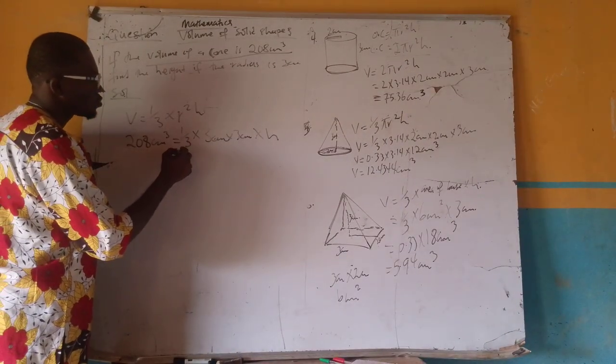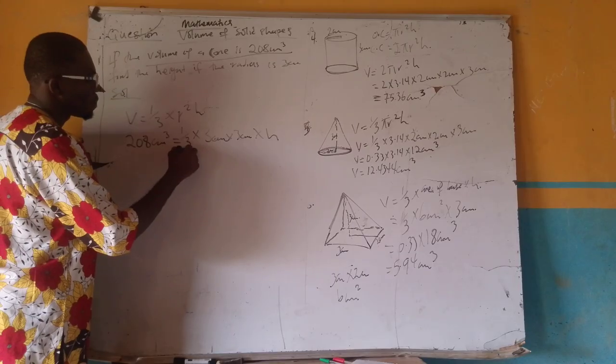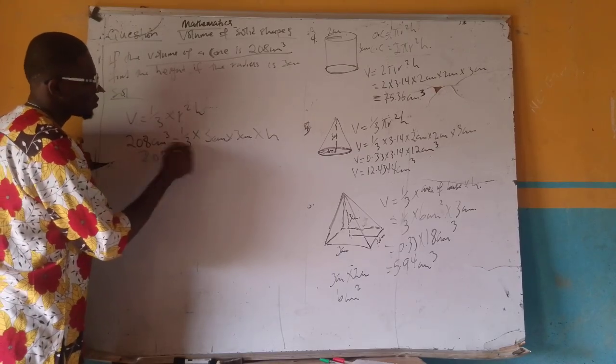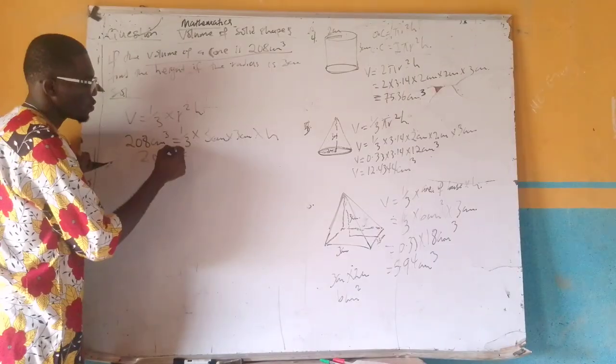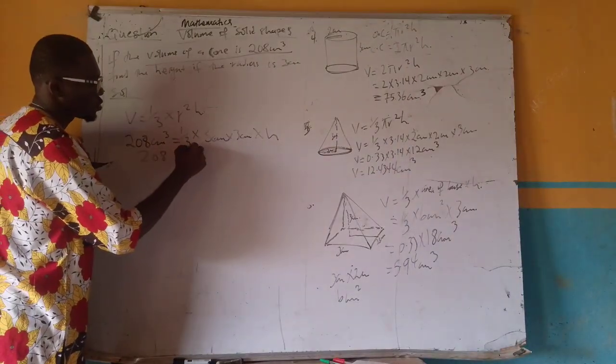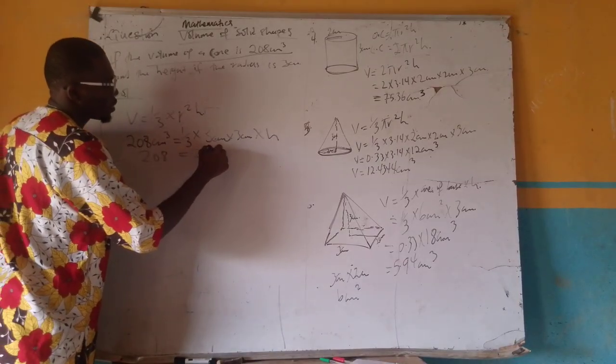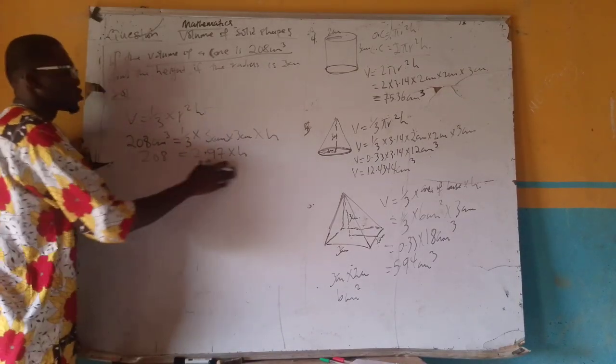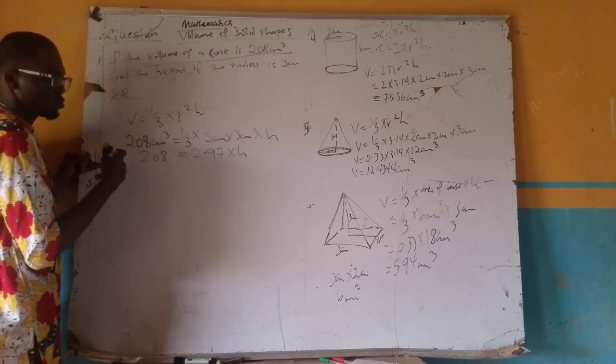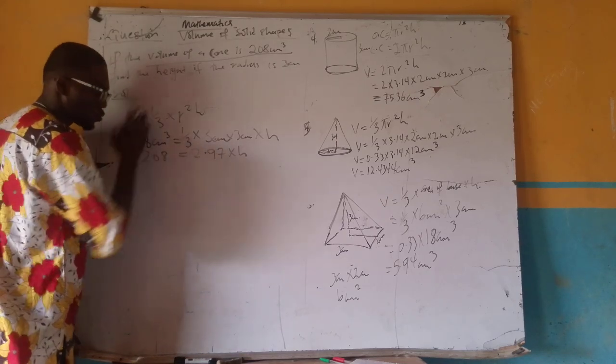So this will give us 208 times 2.97 times h. So what do you do here? You carry this to the other side, where times jumping to the side becomes divide.